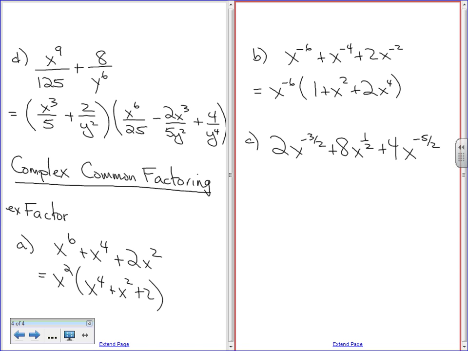Now I threw in some coefficients, just to remind you that you still have to include the coefficients. Because 2, 8, and 4 are all divisible by 2, so 2 is a common factor. And this has an x, this has an x, this has an x. So I'm going to take out x with the smallest number, which in this case, what's the smallest number? Right. That's right.